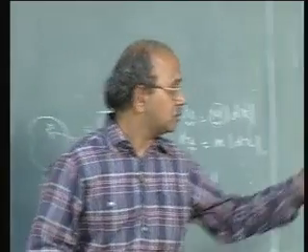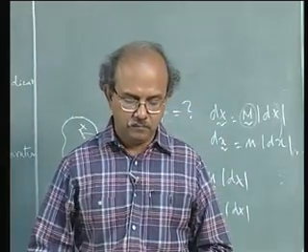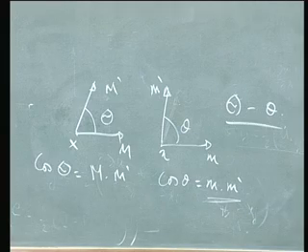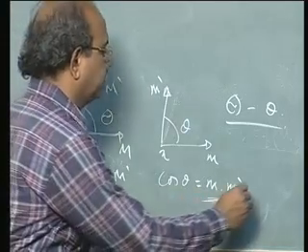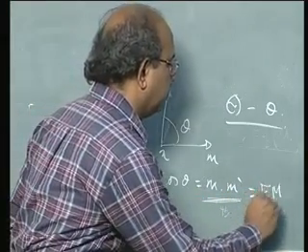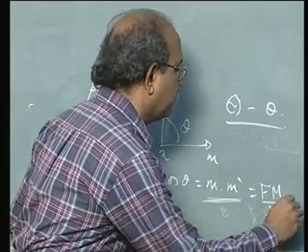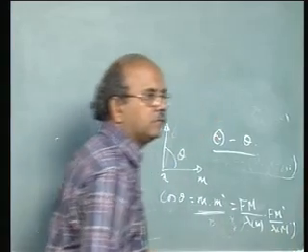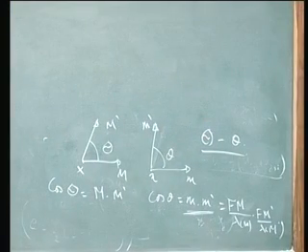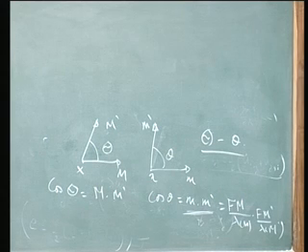That becomes cos of small theta. Is that clear? Okay. Now the difference between them, small theta minus capital theta, is called the angle of shear.